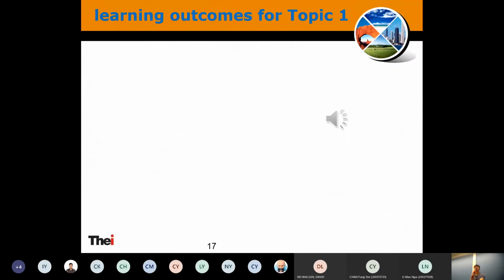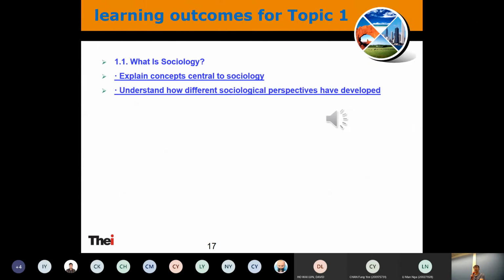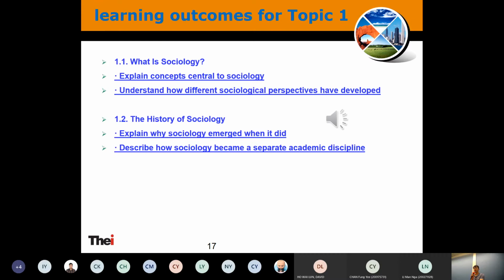We have to move on to talk about some core ideas of topic 1, okay? To begin with, we will talk about some concepts central to sociology, and then we will go through certain examples to understand how different sociological perspectives have developed. We will also take a look at the history of sociology, and then we will explain why sociology emerged when it did.